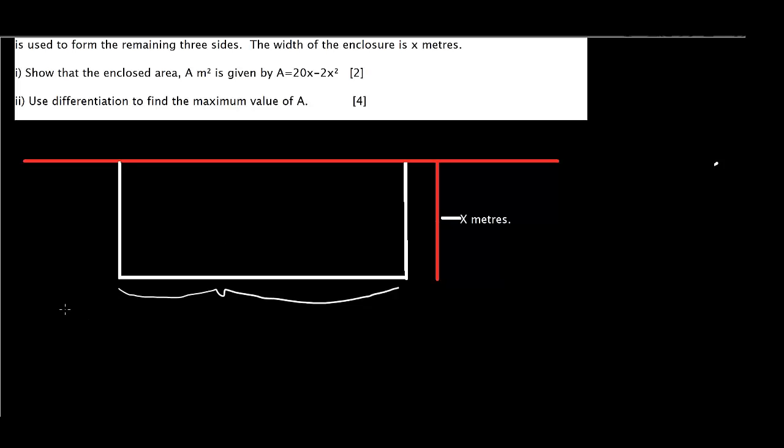For part 1, we know the length of the rope is 20 metres, and this distance here is x, therefore this distance here is x, then this distance here is 20 metres, which is the length of the rope, minus 2x. Actually, you get 1 mark just for saying that.